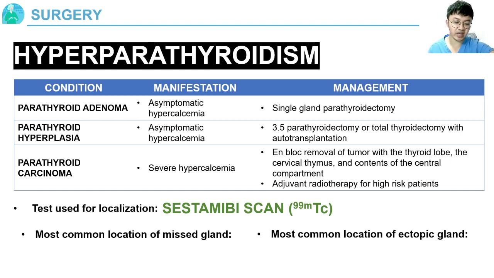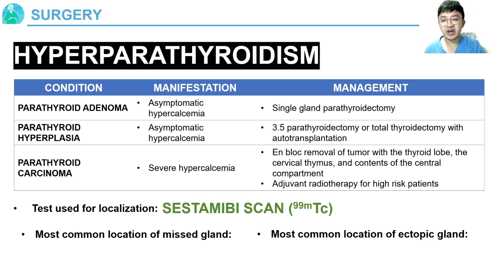If it's only 1 gland, you call this a parathyroid adenoma, and usually it manifests as asymptomatic hypercalcemia. What do you do to the patients with parathyroid adenoma? You remove that adenoma, you do a single gland parathyroidectomy.